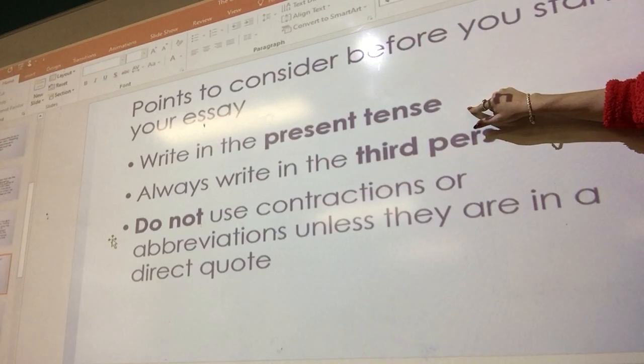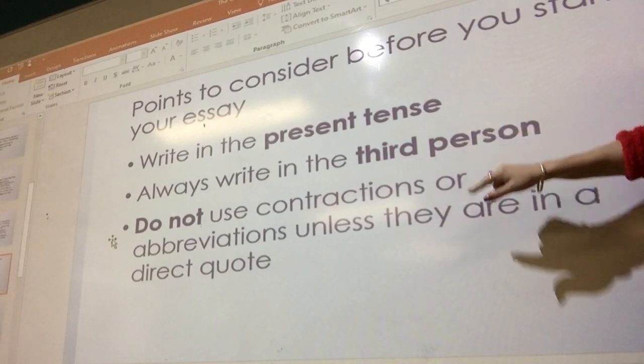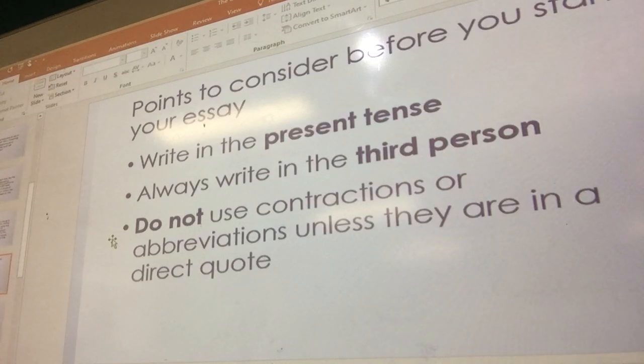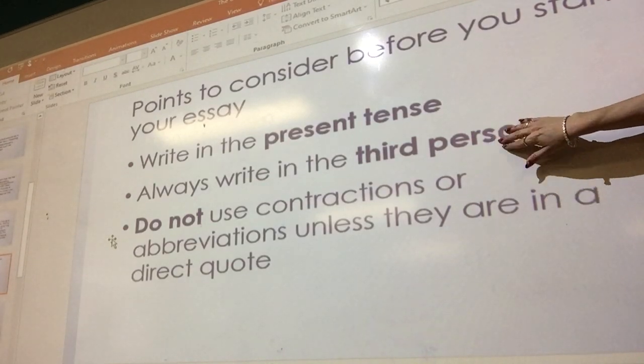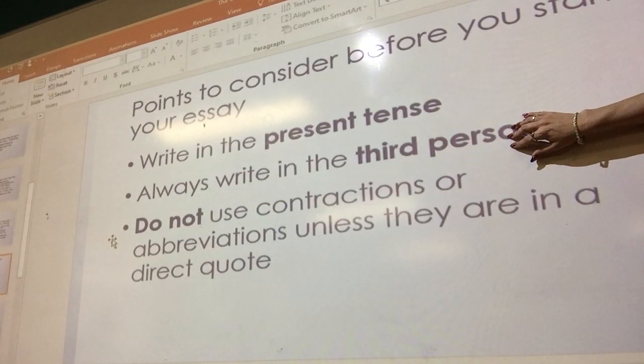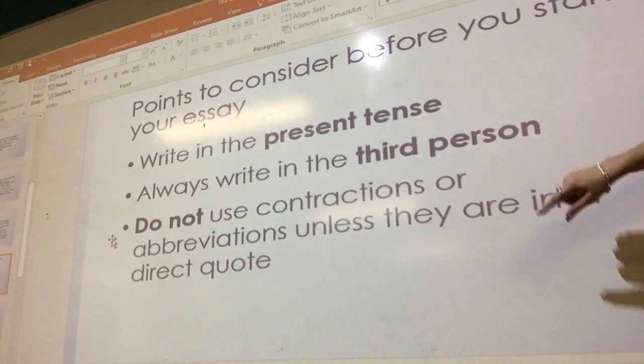Just like I said yesterday, if you don't take notes, that's why I haven't had anybody make 100 on these essays yet. Always write in the third person, and since you're analyzing, third person is fine.